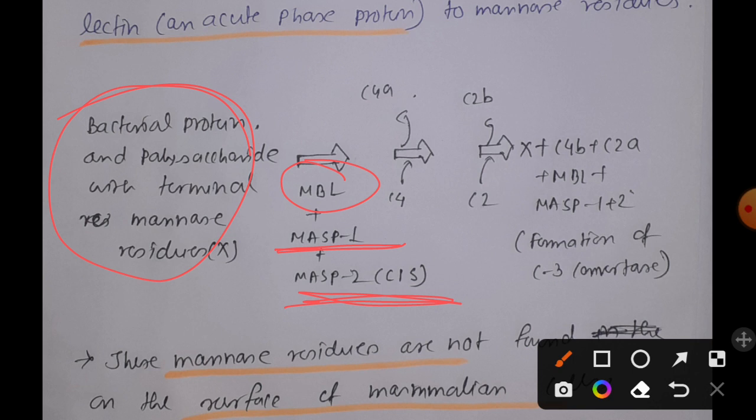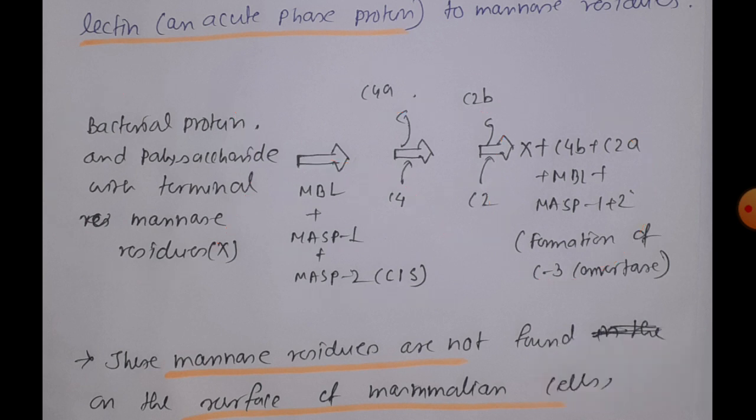Then these serine proteases will cleave C4 and C2 into C4b and C4a and C2b and C2a. C4b and C2a will take part in further reaction, and C4a and C2b will be dissociated. As a result, the formation of C3 convertase occurs.